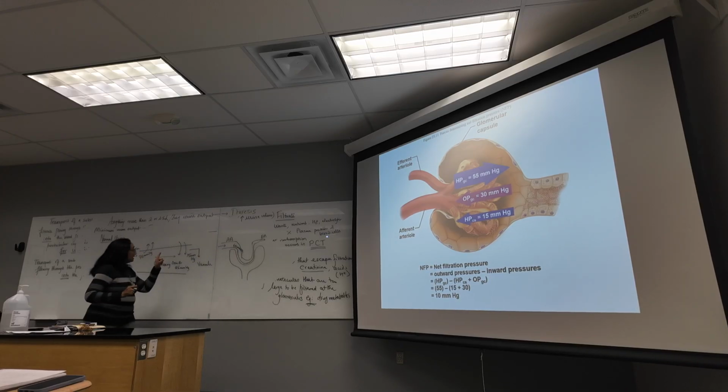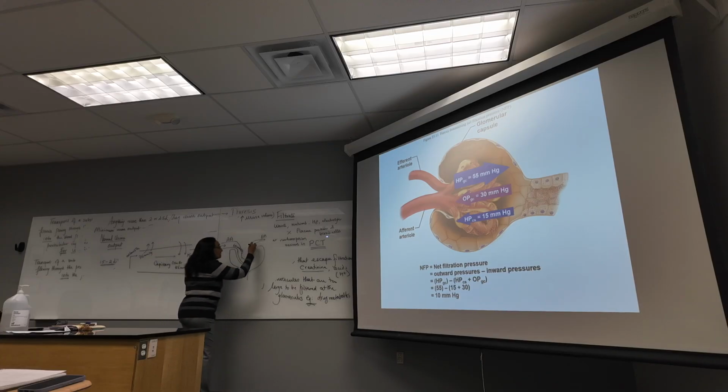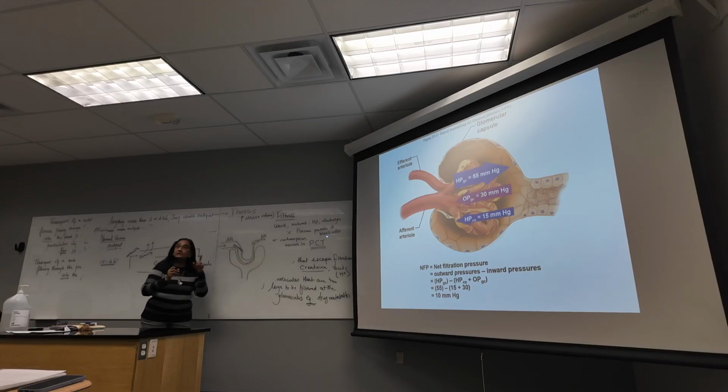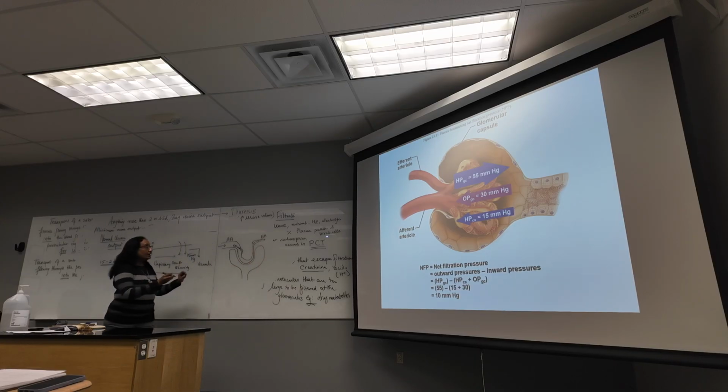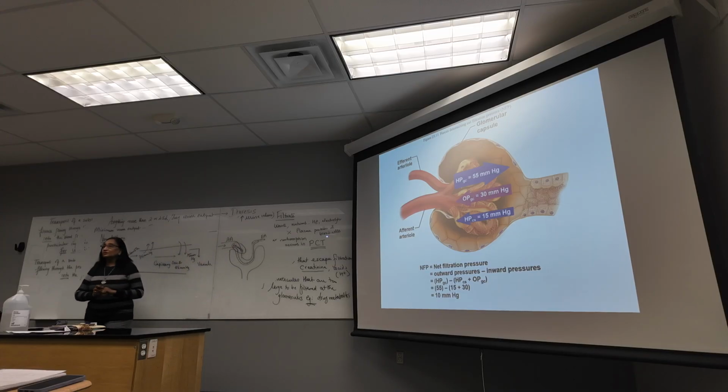Why is it higher than this 35? Because you see this efferent is also an arteriole which is narrow. So it is difficult for the blood to flow out. So the pressure here is always high because the blood has to push through this efferent arteriole. So the hydrostatic pressure in the glomerulus is 60 millimeters of mercury.